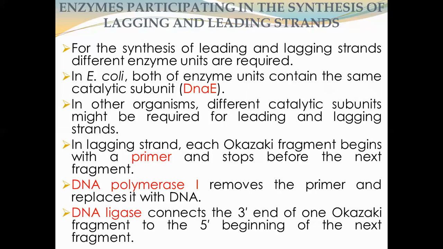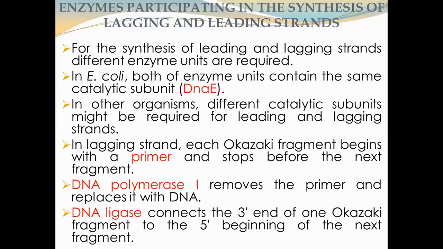So this is the synthesis of the leading and lagging DNA strands during the DNA replication process. The synthesis of leading and lagging DNA strands is different, but DNA polymerase synthesizes new strands only in the direction from 5 prime to 3 prime.